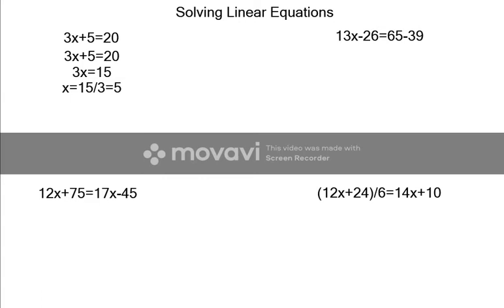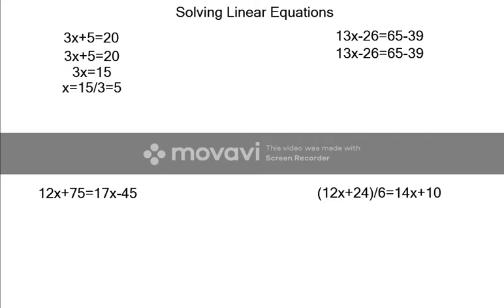First, like I said before, we need to isolate the variable by bringing the variables all on one side and the constants on the other side. We have 13x minus 26 on the left side, and 65 minus 39 on the right.